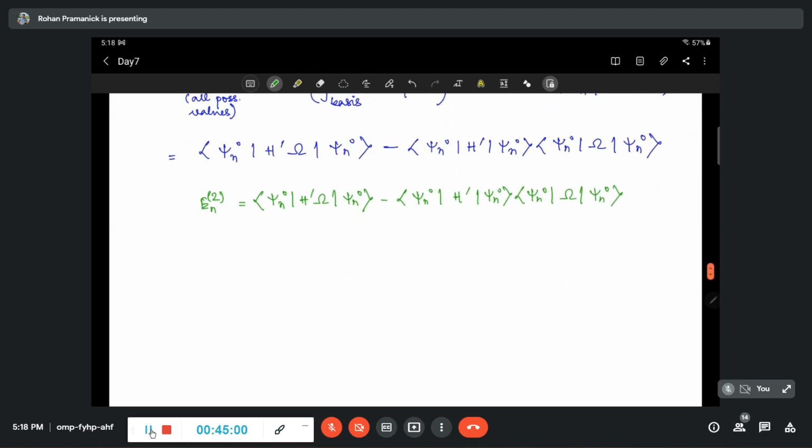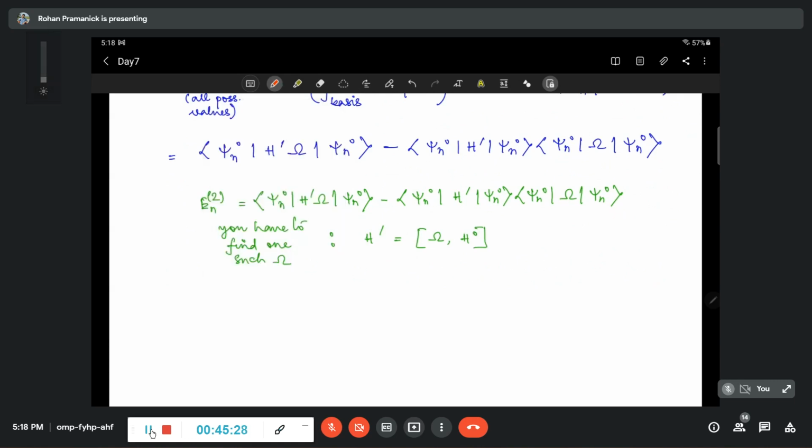And the only catch is you have to find one such omega so that H prime can be written as a commutator of this omega and H0.